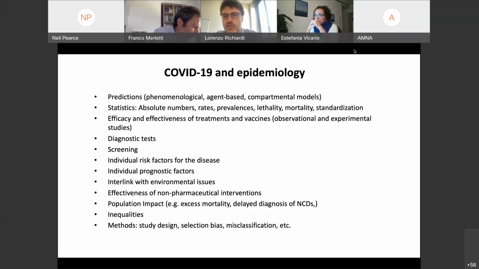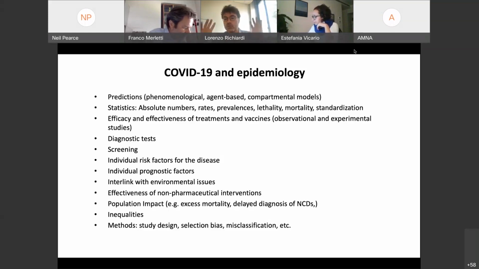Here you have an incomplete list: predictions, statistics, the efficacy and effectiveness of treatment, the use of diagnostic tests, the screening, for example in schools or in whole populations, the study of individual risk factors for the disease and of prognostic factors, the interlink with environmental issues, the effectiveness of non-pharmaceutical interventions, the population impact, inequalities, methods. Everything was really touched by the COVID-19 epidemic.